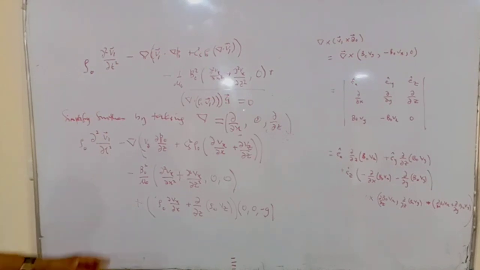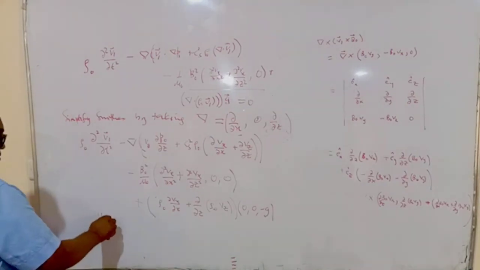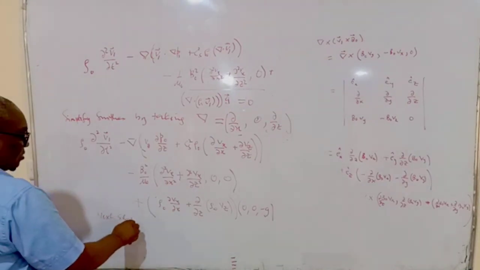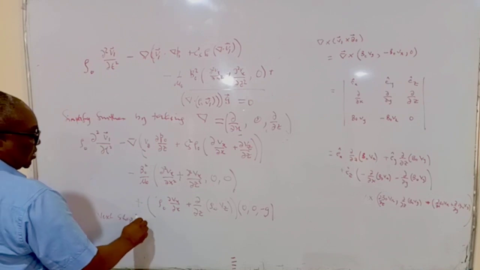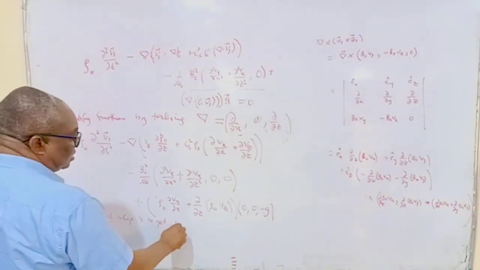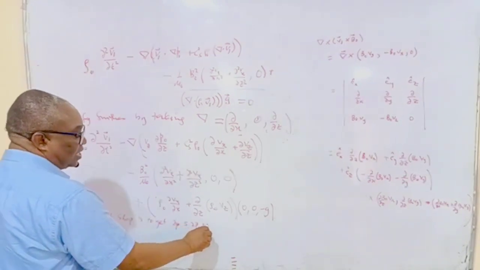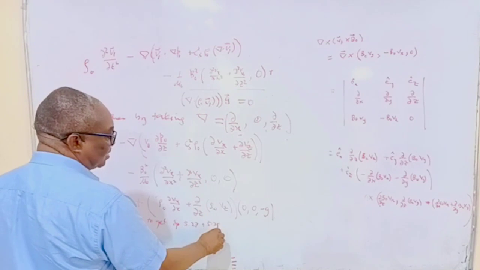So the next step you would do is to get equations 527 and then 528.